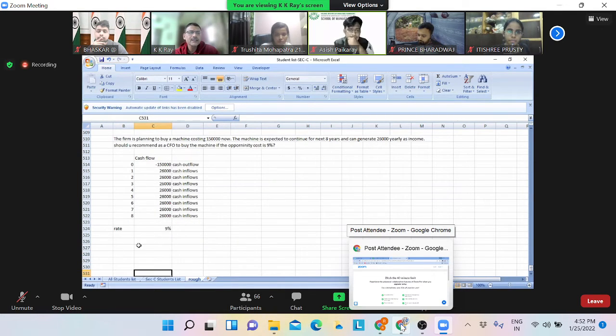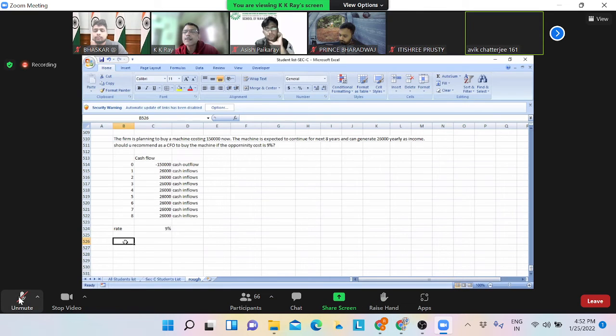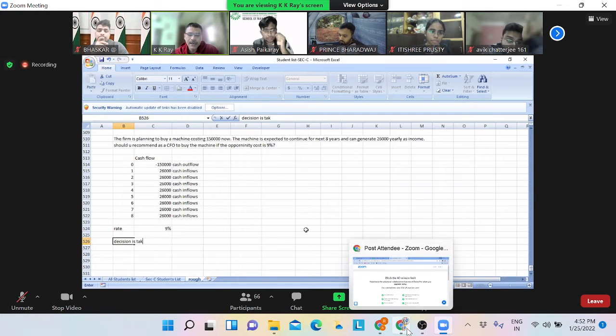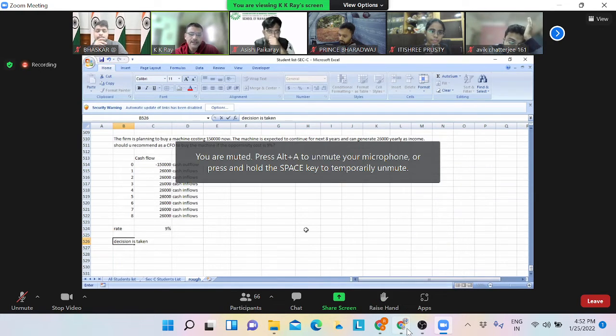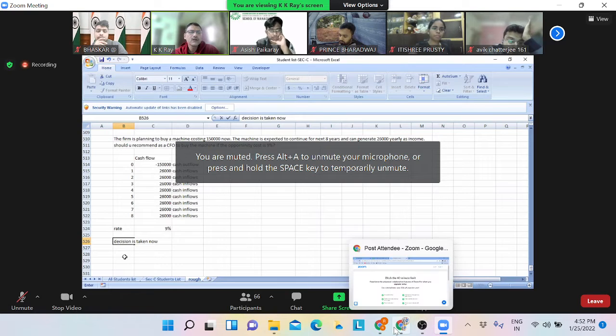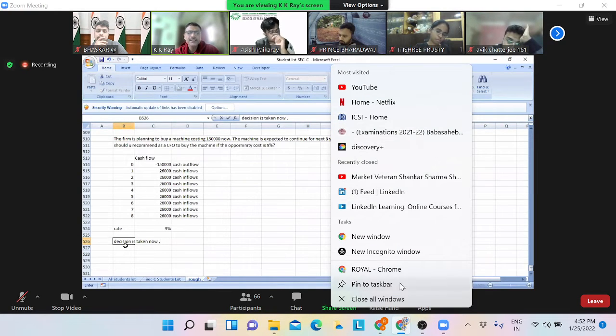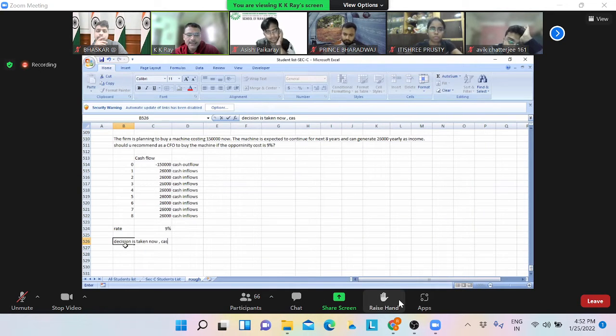Sir, when the total cash inflow is more than total cash outflow. The decision is taken now. But cash outflow is now, but cash inflows in future.